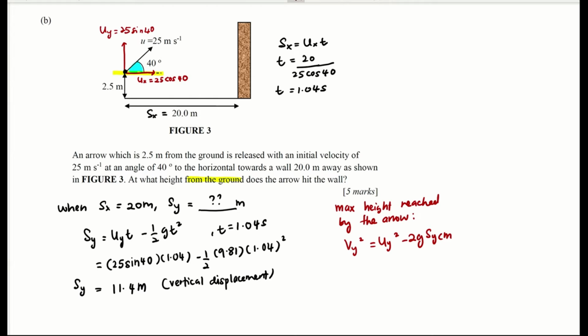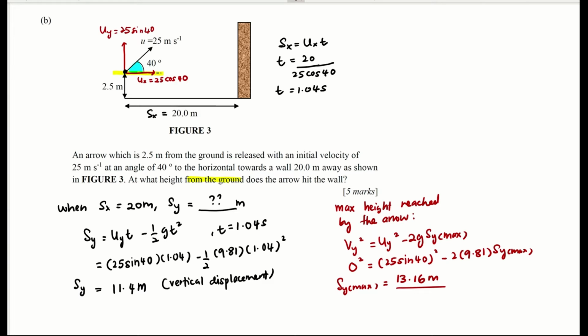So in case saya nak kira the maximum height SY maximum, so VY at maximum height should be 0, and then UY is 25 sin 40 squared minus 2 9.81 SY maximum. Okay, so therefore the maximum height is equal to 13.16 meter.